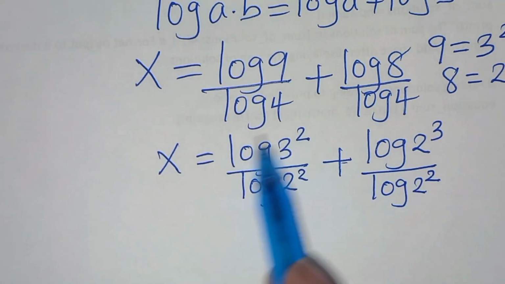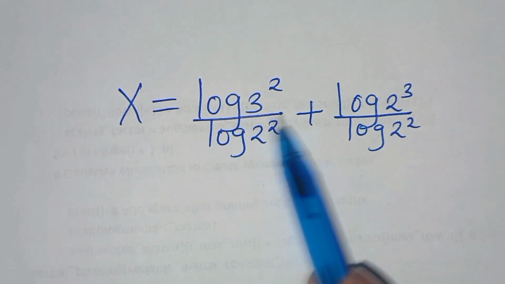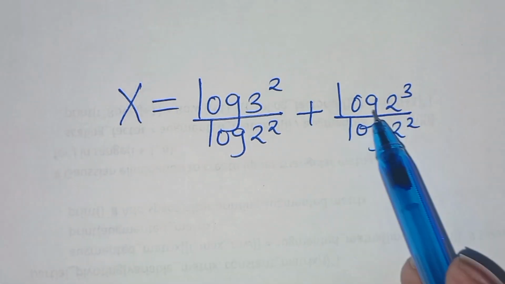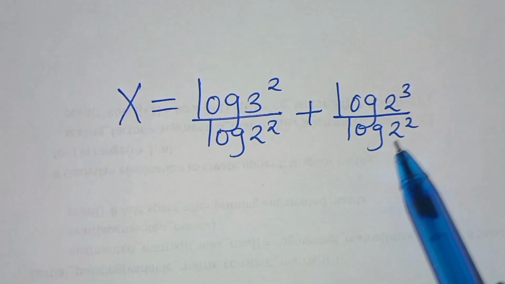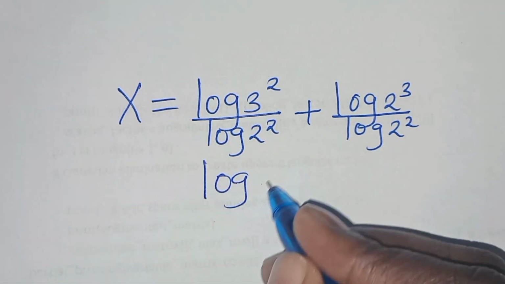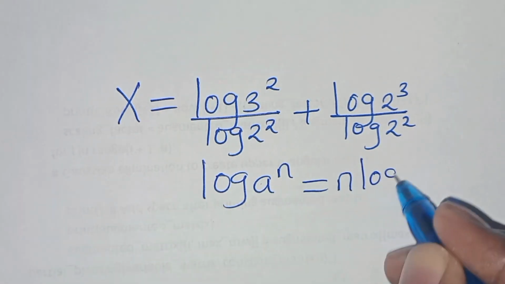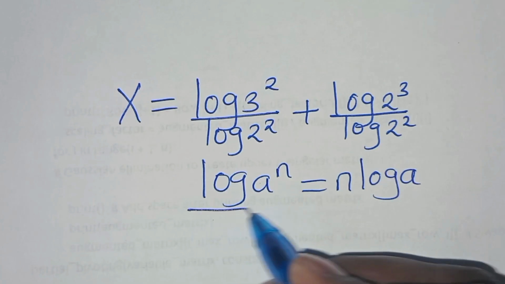Now applying the power rule property, log a to power n can be expressed as n log a.